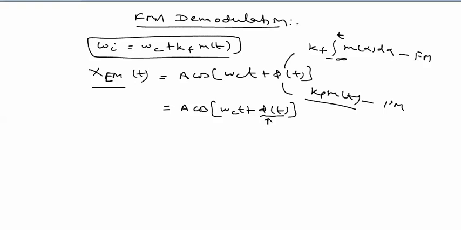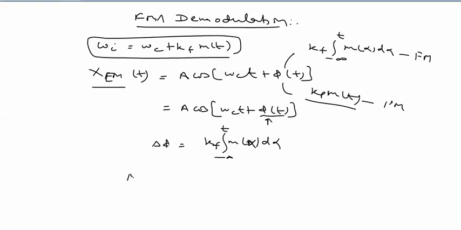So we want to fetch this information, to reproduce it. For reproduction, the phase value is KF times the integral of m(alpha) d alpha from t minus infinity to t.